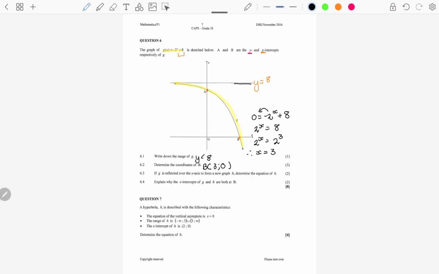Well, first off, it wouldn't be a negative. It will be a positive graph since it will be increasing like this. Have the exact same values, we just have to change the signs. Therefore, h of x will equal 2 to the power of x minus 8. Simple.